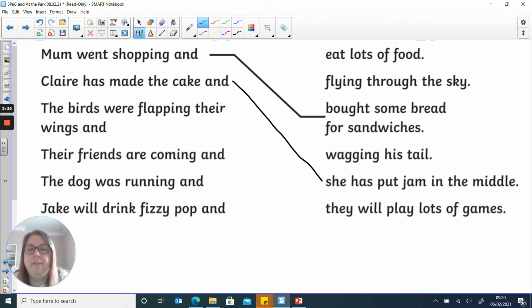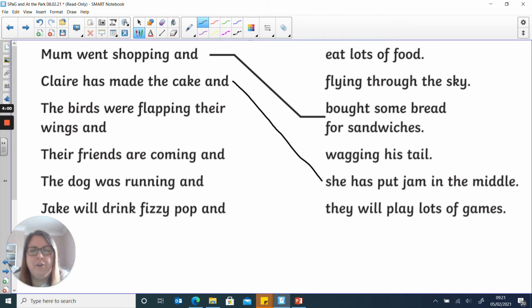The birds were flapping their wings and, eat lots of food, flying through the sky, wagging his tail, they will play lots of games. Which one makes sense? The birds were flapping their wings and were they eating lots of food, flying through the sky, wagging his tail, or playing lots of games?